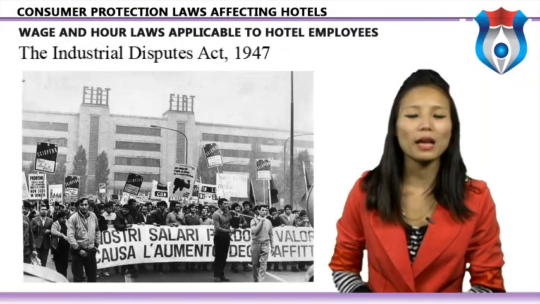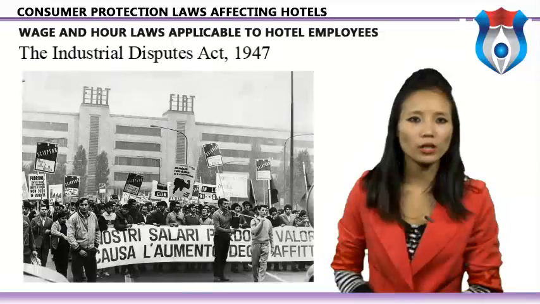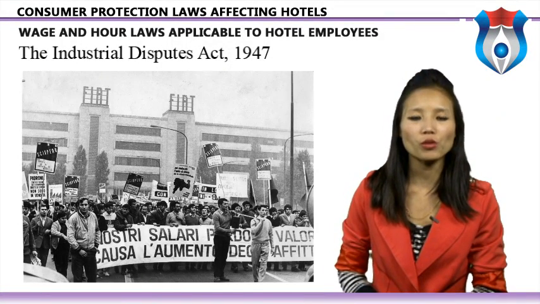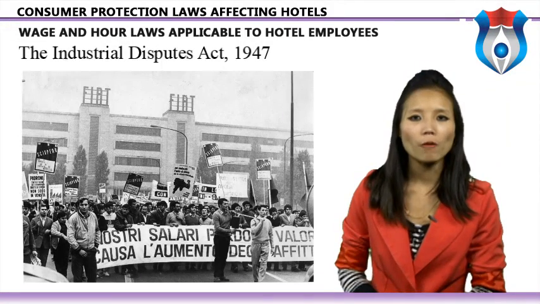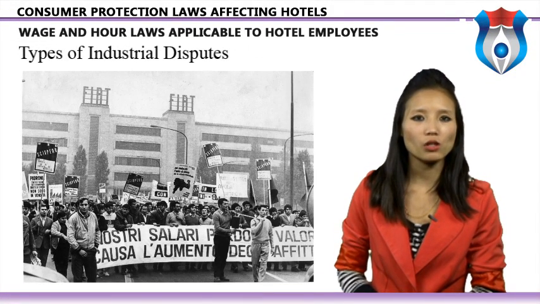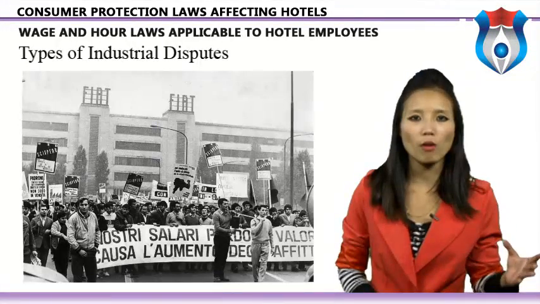The Industrial Dispute Act 1947. The Industrial Dispute Act IDA of 1947 states that firms employing 300 or more workers are required to obtain government permission for layoffs, retrenchments and closures. Types of industrial dispute. There are two types of industrial dispute: interest dispute and rights dispute.